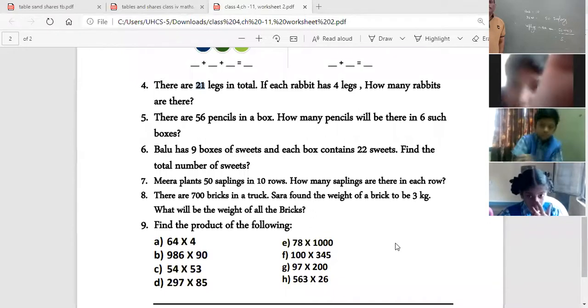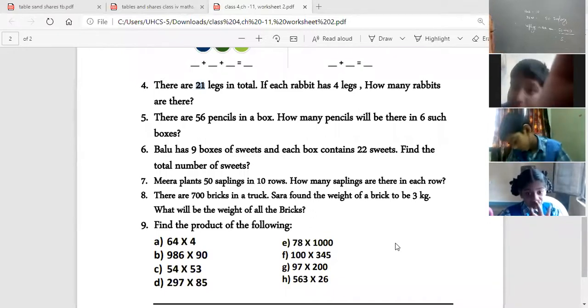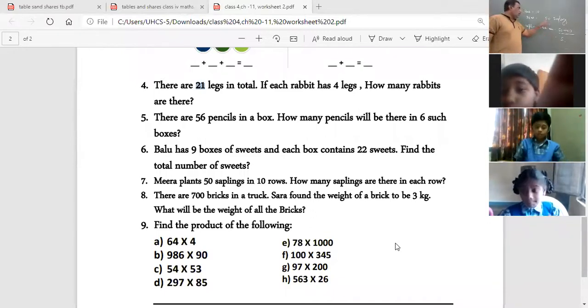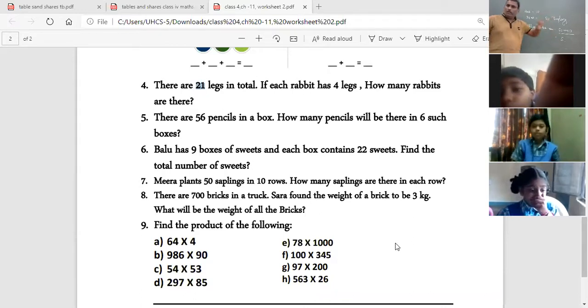The answer is 5. Five, 10 rows. You can verify with the multiplication.